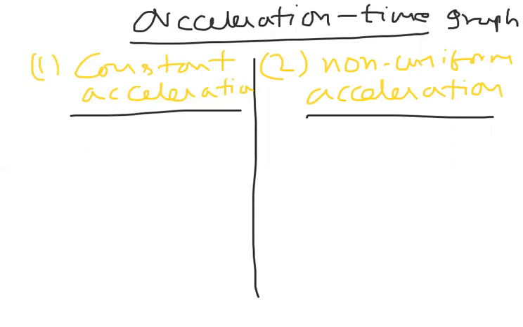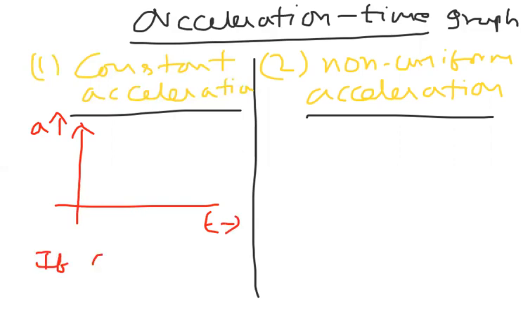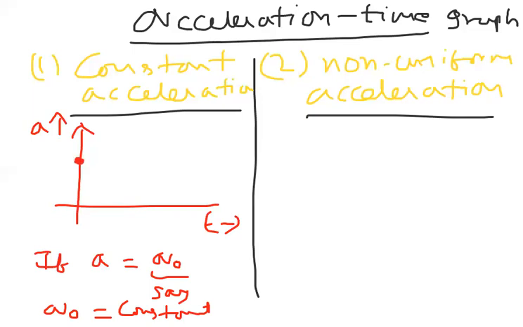So acceleration is constant means what graph do you have to draw? For the acceleration time graph, I am taking acceleration on the y-axis and time on the x-axis. Suppose a equals a naught. This a naught is constant, and it is on the y-axis because acceleration is on the y-axis.